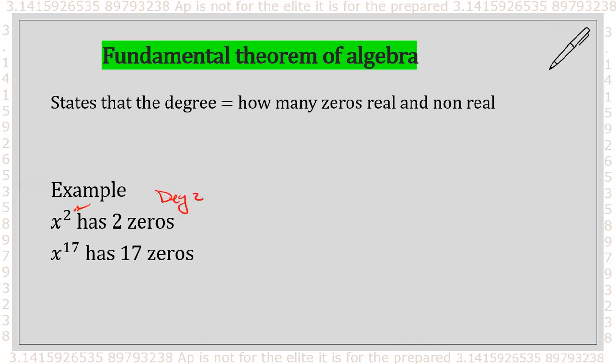The largest exponent in whatever polynomial you have tells you the number of zeros. So if the degree is 2, then it has 2 zeros. If the degree is 17, then it has 17 zeros. Same thing if the exponent is 105. Well, there must be 105 zeros, whether they're real numbers or imaginary or complex.